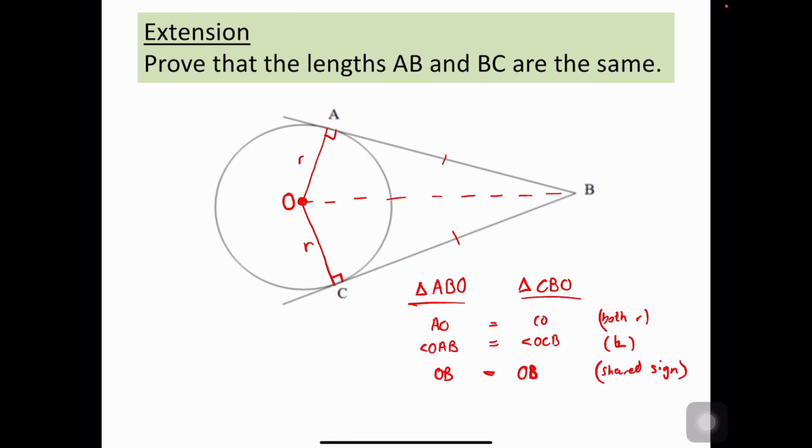So, using the ASA condition, we can prove that these two triangles are indeed congruent. Now, if they're congruent, that means this angle is the same as this angle. It means this side is the same as this side, and that this angle is the same as this angle. So ASA, and then we can write AB equals BC.